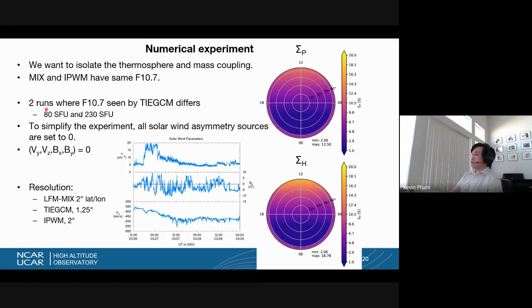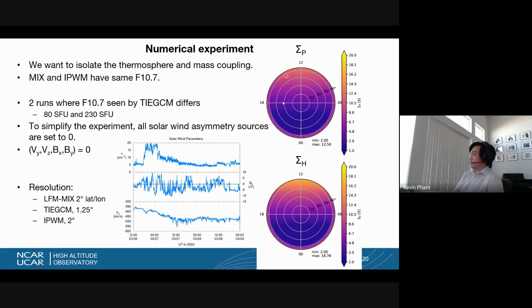So we did two runs where the F10.7 in TIGCM differs. We set it to 80 SFU as well as 230 SFU, which correspond to solar minimum and solar maximum conditions, respectively. So TIGCM's F10.7 is varied, however, everything else is the same.